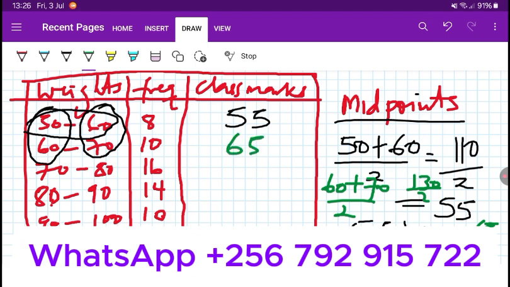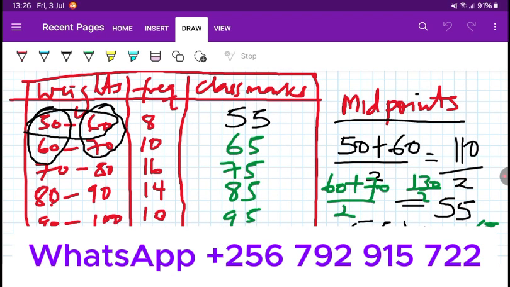This is 65 plus 10, 75 plus 10, 85 plus 10, 95 plus 10. It will be 105. Then of course we look at the last class, which was from 110 to 120. But if you are to use this method of adding the class interval, you make sure that the class intervals are uniform.